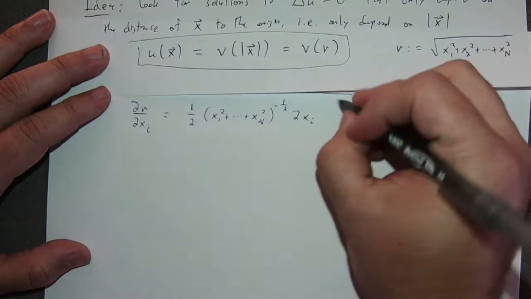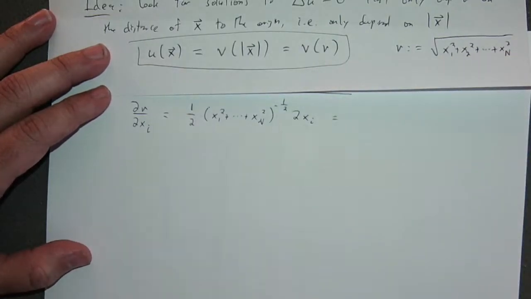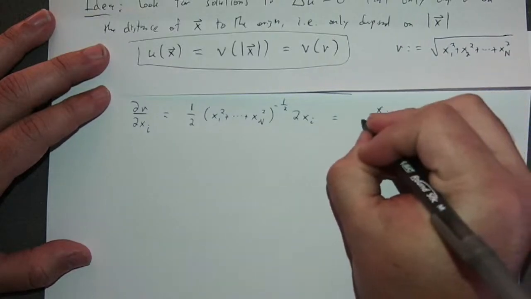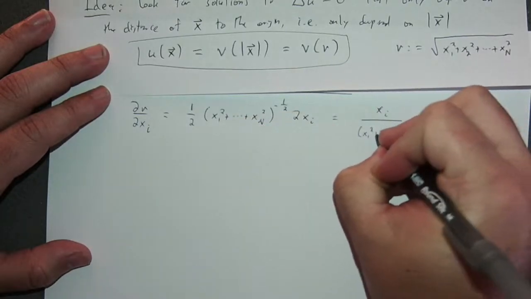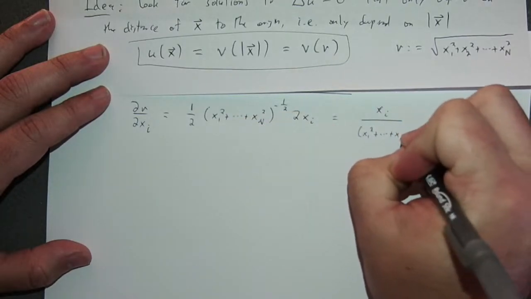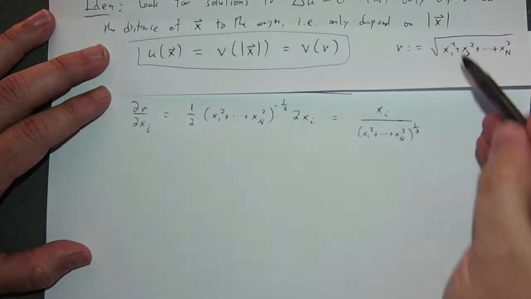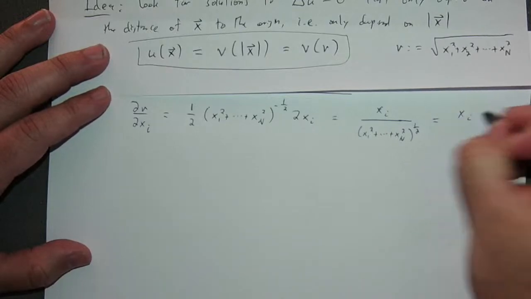So the 1/2 and the 2 cancel, and I'm left with x sub i over x1 squared plus dot dot dot x n squared to the 1/2. But that sum to the 1/2 is exactly r, so really this is just x sub i over r.